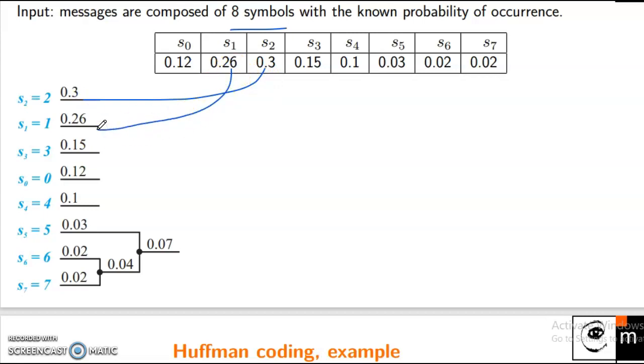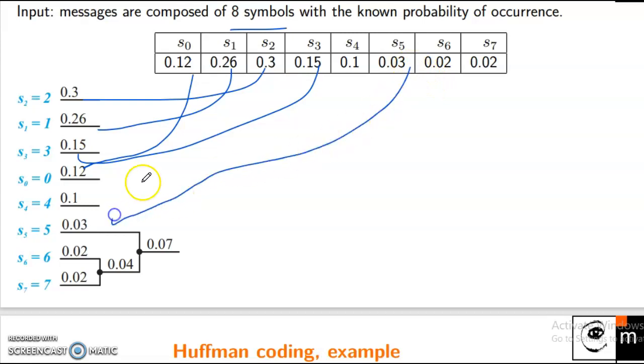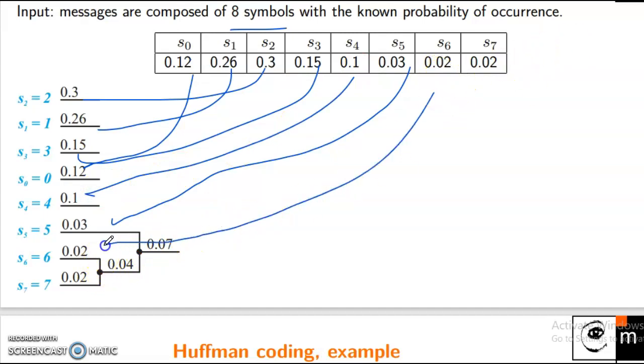S1, then 0.15, 0.12, 0.02, 0.03, and then 0.2. The two 0.02 symbols give 0.04. Then among these, 0.07.